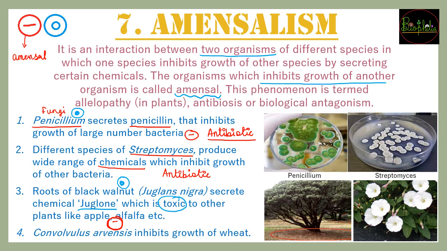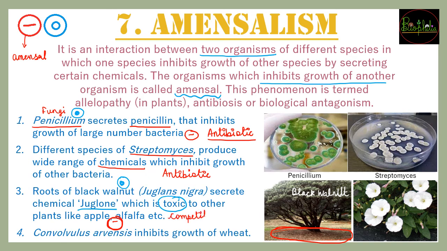So if there is a black walnut tree, as you can see over here, this tree is a black walnut. Around a black walnut tree you will not be able to find any other kind of grass or any other plant, because it will be secreting a toxic substance to reduce competition. Why will competition be reduced?